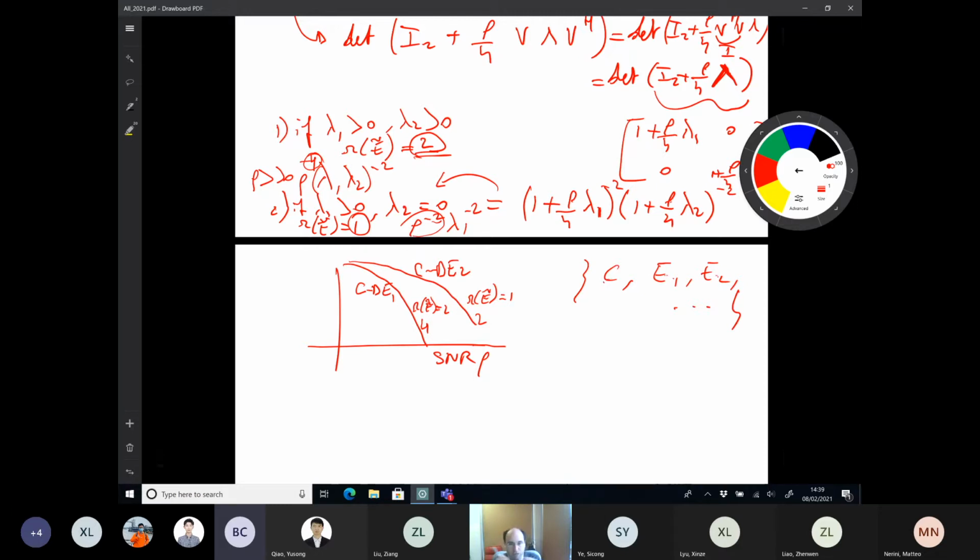All possible pairs, and find the one that gives you the worst performance. And what are those? Any pairs between any two code words such that the rank of the corresponding error matrix is very small. Because if this happens, that means this kind of event will lead to a pairwise error probability that will be quite large, that will not decay fast with the SNR.